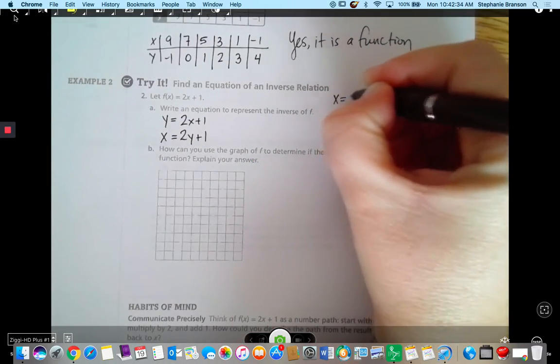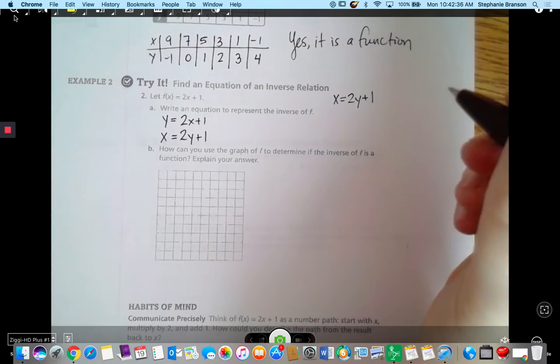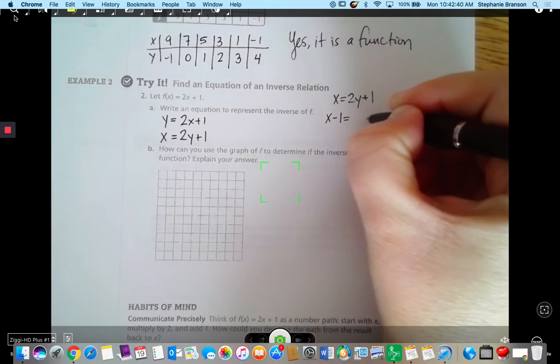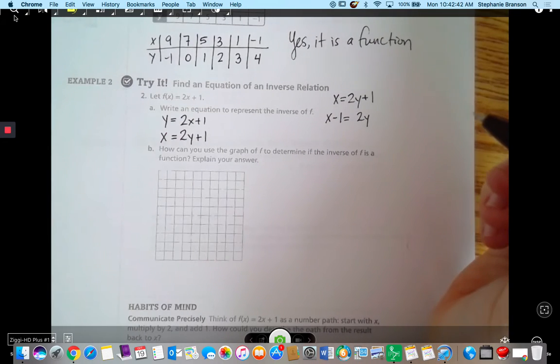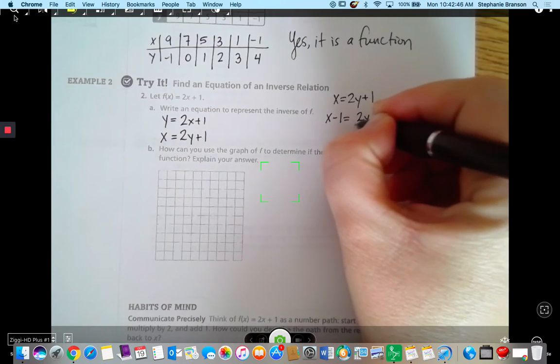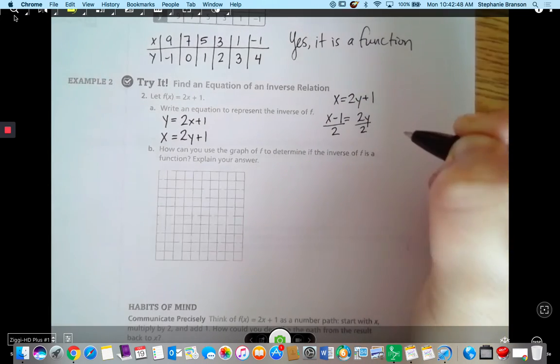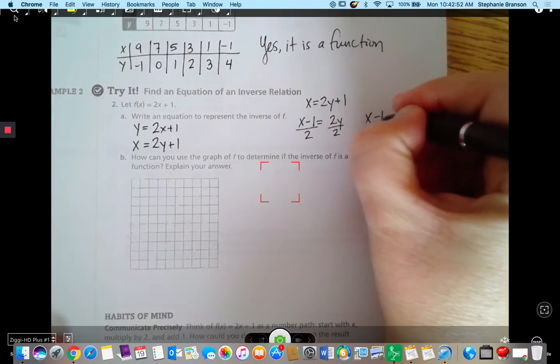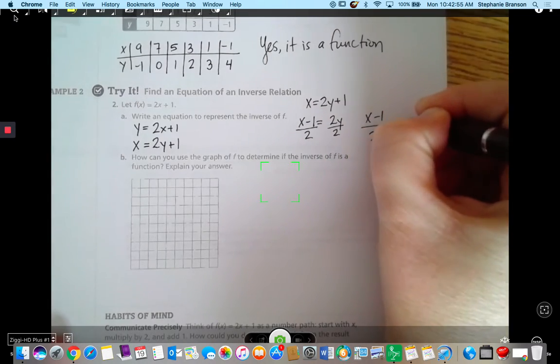So we've got x is equal to 2y plus 1, and they want us to solve for y. So we subtract 1, x minus 1 is equal to 2y. And then we have to divide by 2, right? So I get x minus 1 divided by 2 is equal to y.